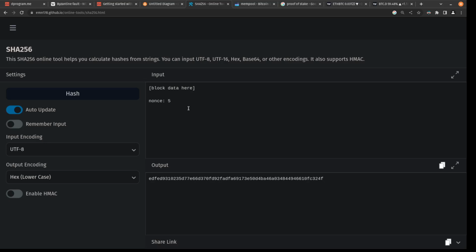It looks random. However, if I go back to nonce 0, you'll see that it starts in 3E49. And if I go back, let's say to like 5,000 or something, it's some other random number. But if I go back down to 0, it's still 3E49. This output is repeatable for the same input.